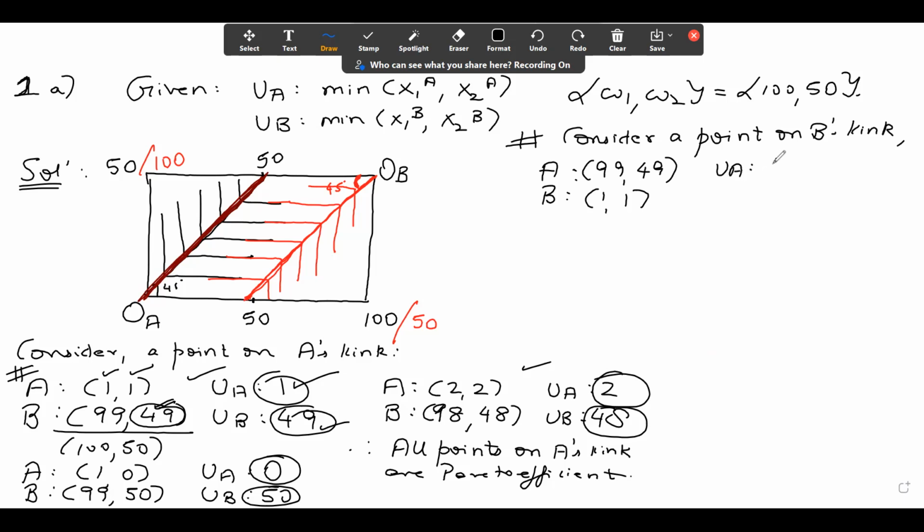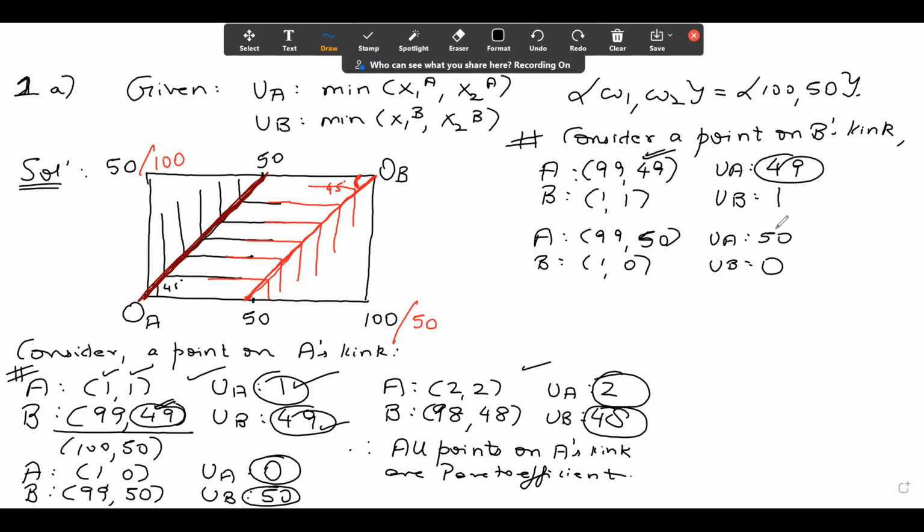Utility which A gets initially is 49. Utility which B gets is 1. Same logic. Try to make A better off. To make A better off, A needs 1 more unit here. Suppose B gives that unit to A. So we have 99,50 and B is left with 1,0. Clearly, you can see utility which A gets is 50, but utility which B gets is 0. A has become better off by making B worse off.